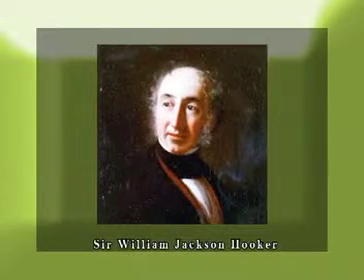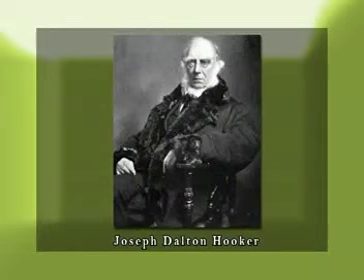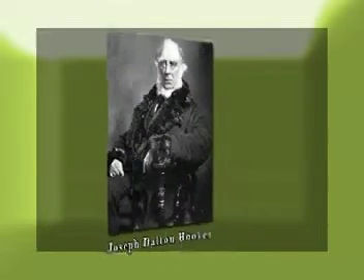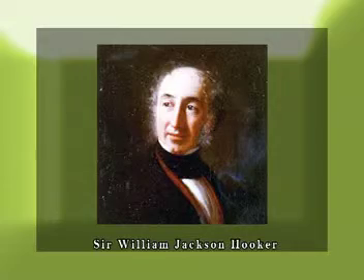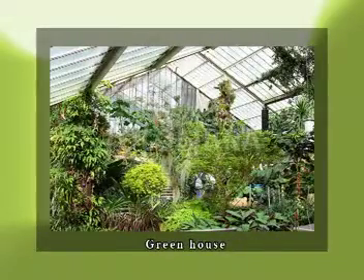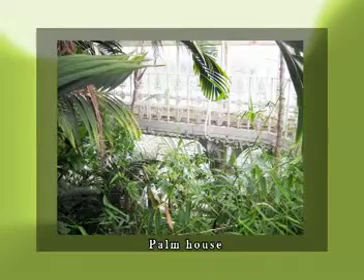Sir William Jackson Hooker later took over as director of the garden in the same year. He was succeeded by Joseph Dalton Hooker and later by Thiselton Dyer. At present, this garden includes a herbarium consisting of over 5 million specimens, which was established by W. J. Hooker, who also introduced a greenhouse and a palm house.